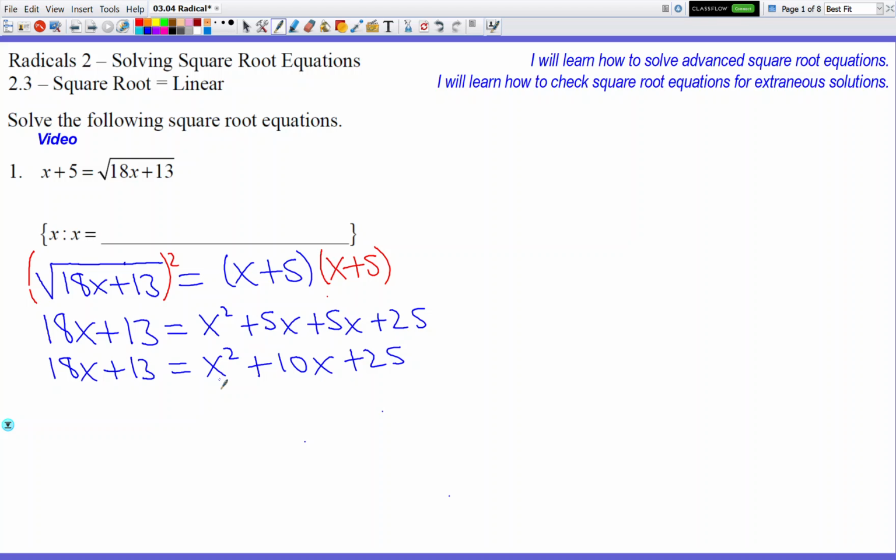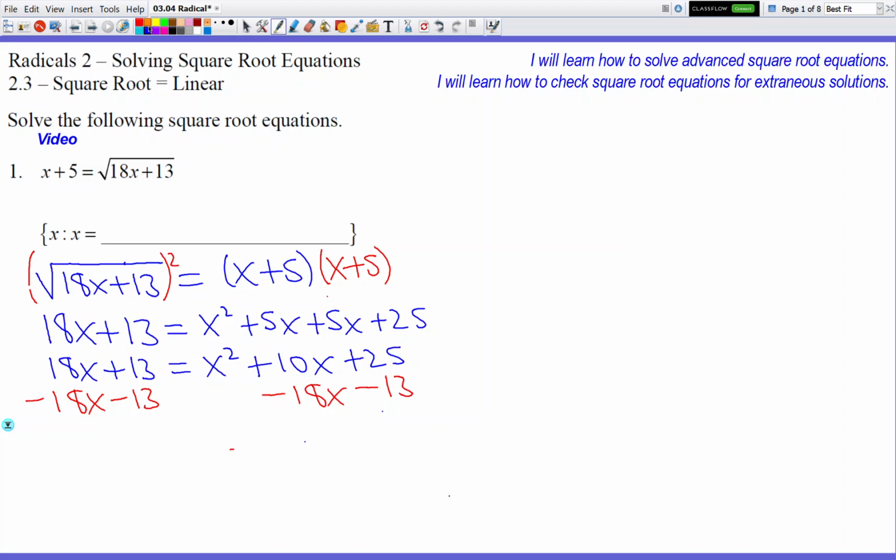At all costs, we want to keep x squared positive. So rather than putting x squared, 10x, and 25 on the left side, we're going to put 18x and 13 on the right side instead, because that's going to allow us to keep the x squared positive. So subtract 18x and subtract 13.